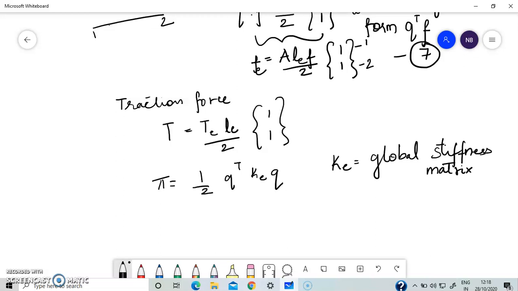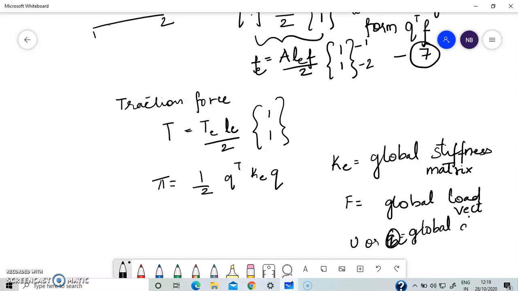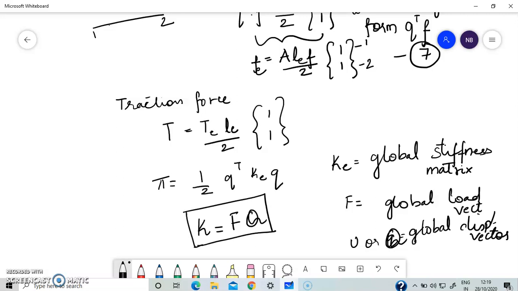F is the global load vector, and Q is the global displacement vector. Now to solve problems, we use the equation K Q equals F, that is stiffness into displacement equals the force. This will be required when we are solving one-dimensional problems.